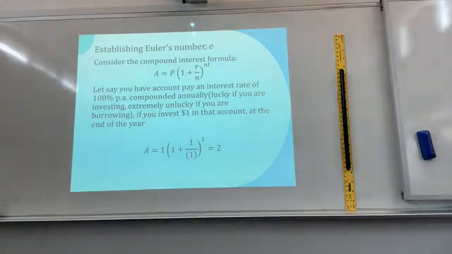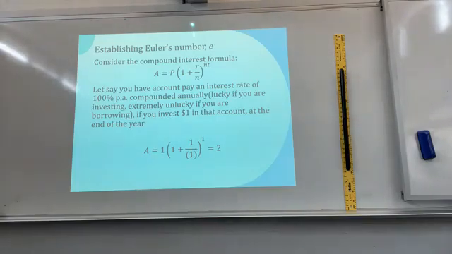If you think about the compound interest formula, A equals P, 1 plus r over n, to the power of nt. Now, if you've got an account which pays an interest rate of 100%, which is really highly unlikely, but we have to look at the situation in order to establish what e is. All right?